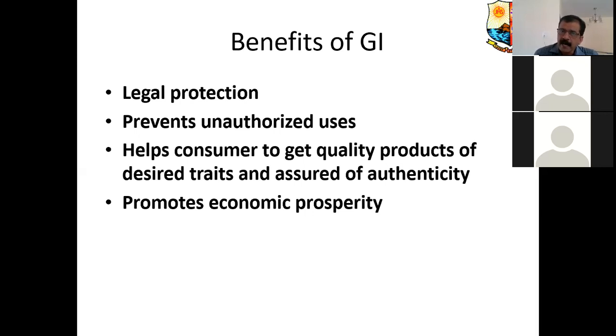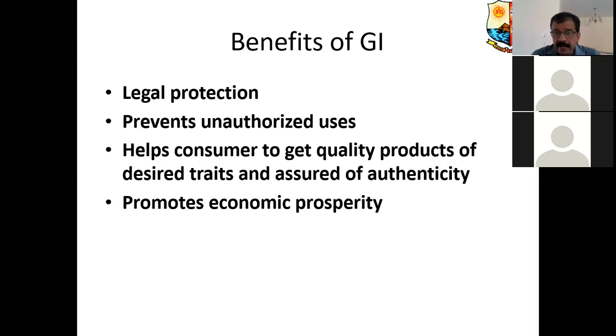That's what I am saying, the unauthorized users. What do you mean unauthorized users? Suppose you have one product, similar products of some other area cannot be brought and cannot be sold in the name of this product. That is how the GI tag will prevent unauthorized users.